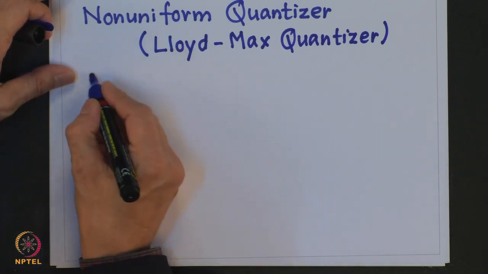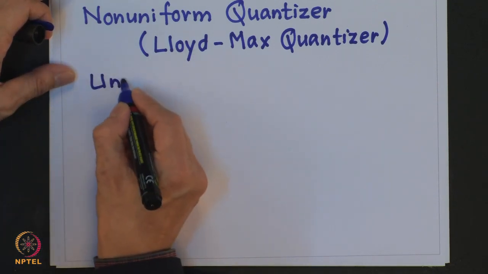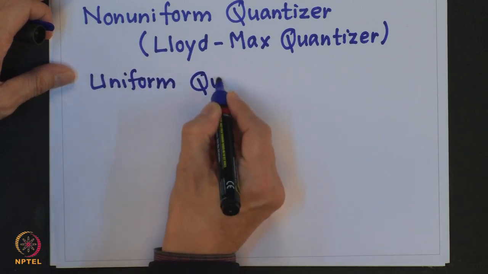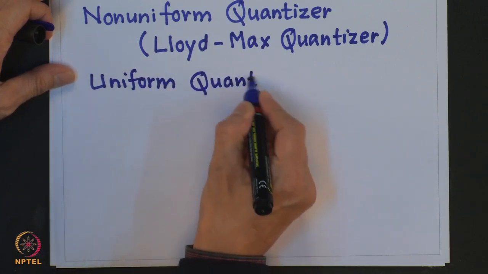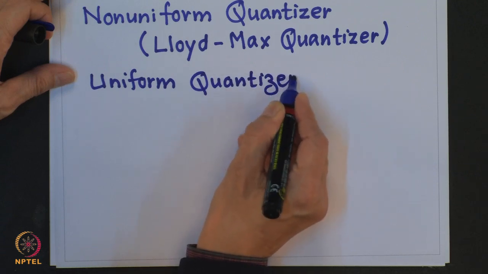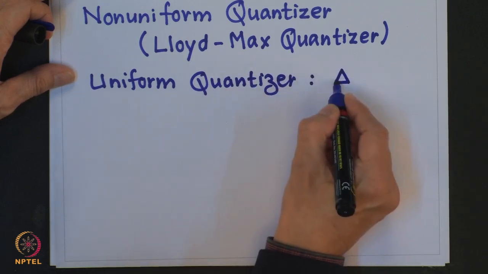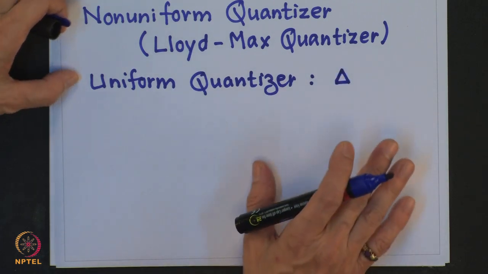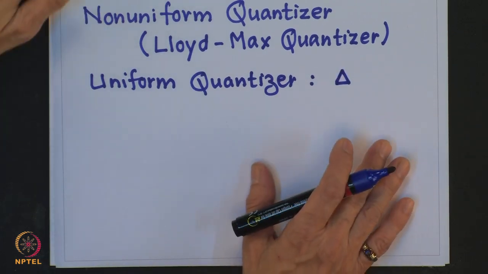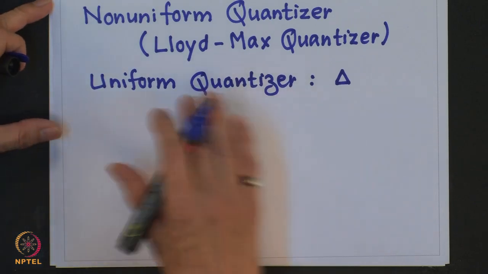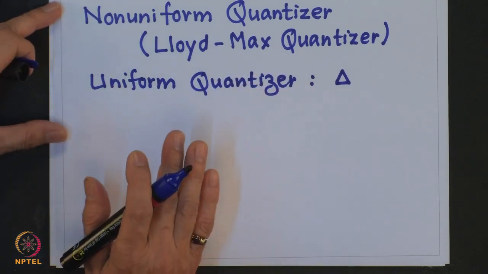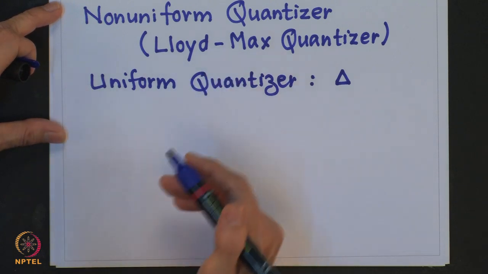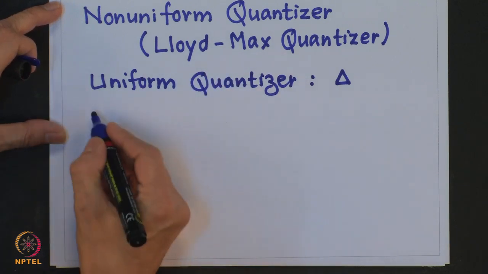So, recall that for the uniform quantizer, our minimization problem had only one variable, which was the step size, which was constant. Now our problem is a little more complex. We need to optimize with respect to the decision boundaries and the reconstruction levels.